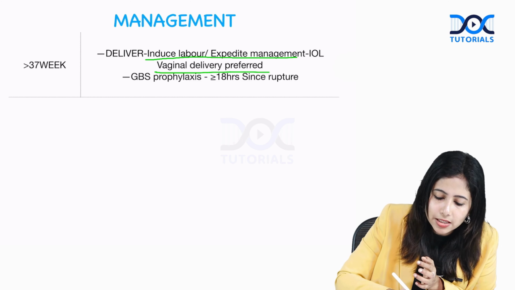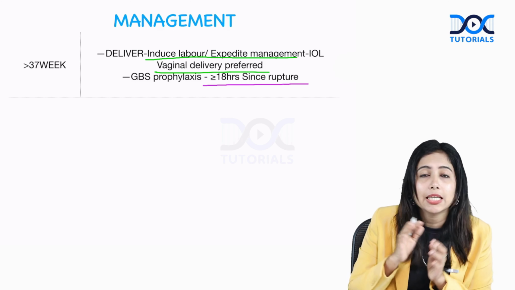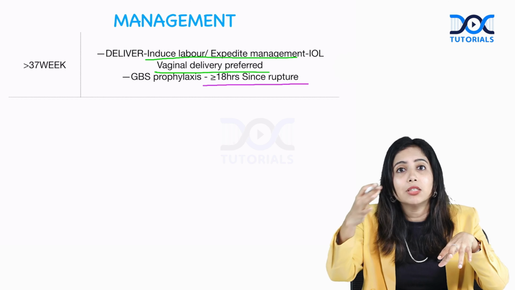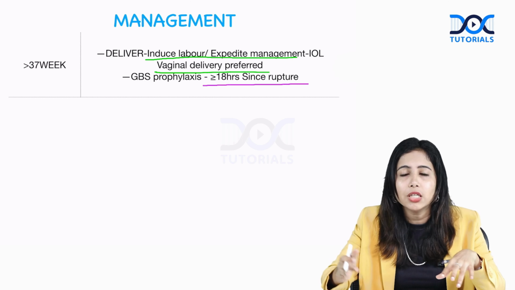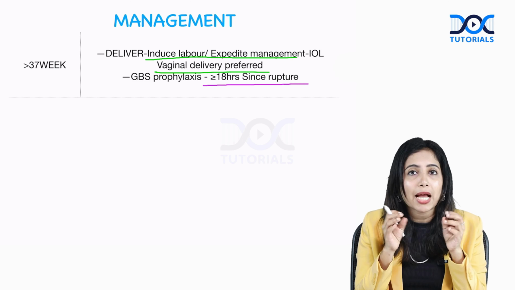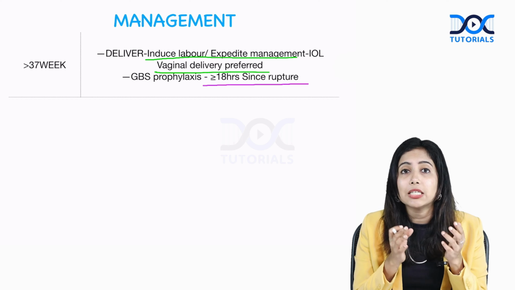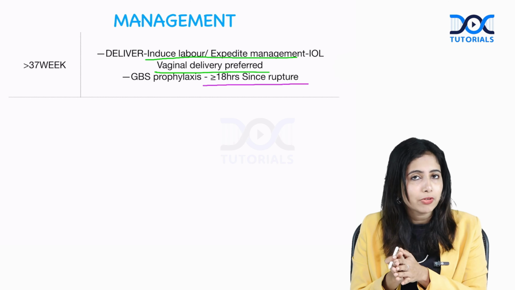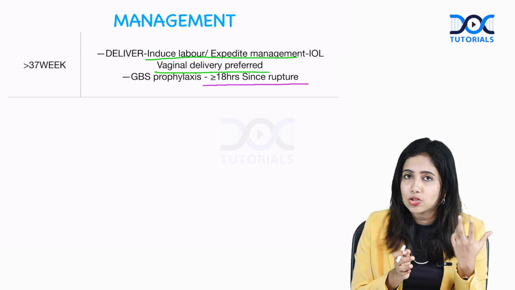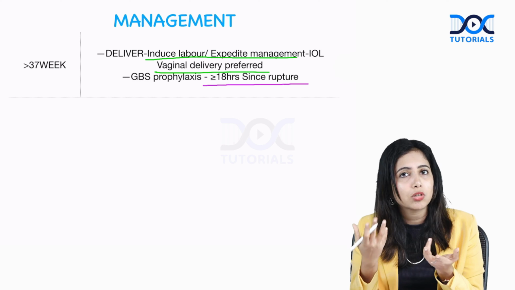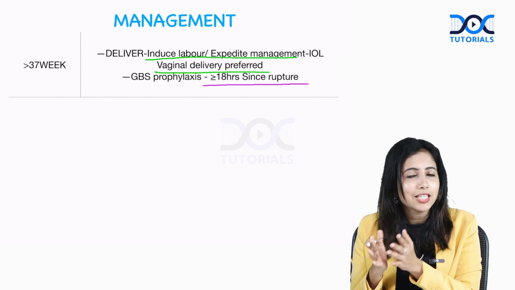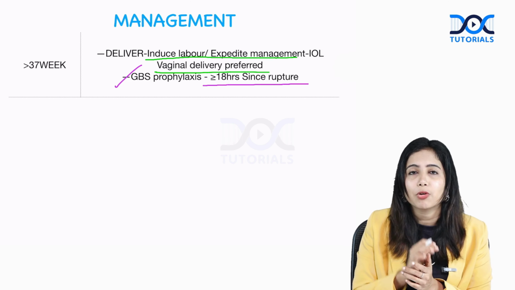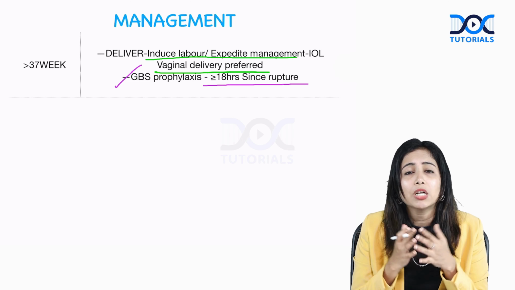If the leaking is there for more than 18 hours, maybe she has leaked and 18 hours have passed, still she has not delivered, in those situations I will give her some antibiotics, which is known as GBS prophylaxis, group B streptococcus prophylaxis. I'll tell you what are the indications of GBS prophylaxis and what are the GBS prophylaxis drugs in a short while. But understand that in this category, I will also give some prophylaxis. So sometimes they can give a clinical scenario.